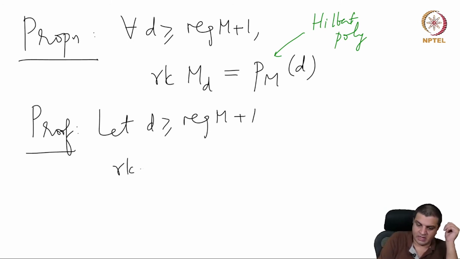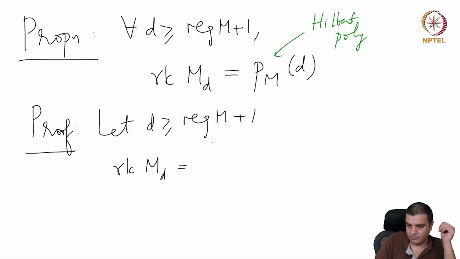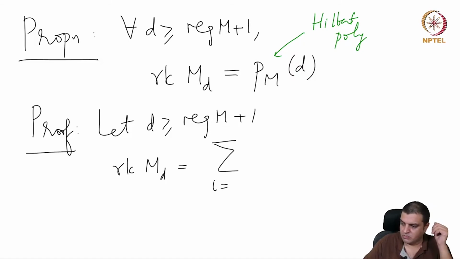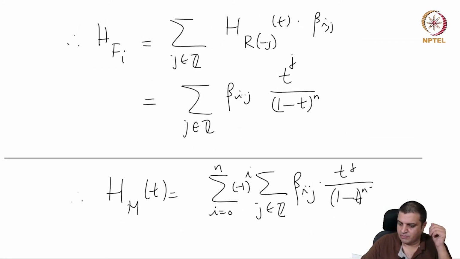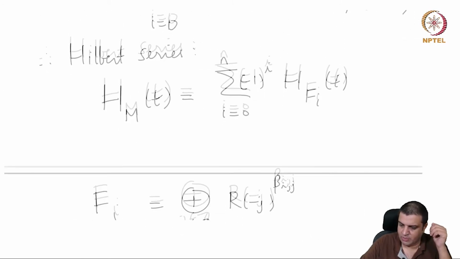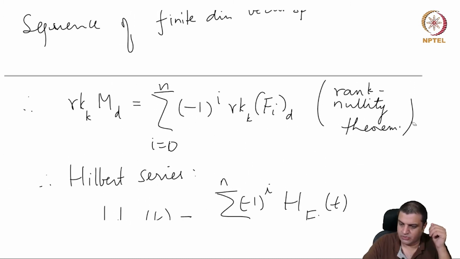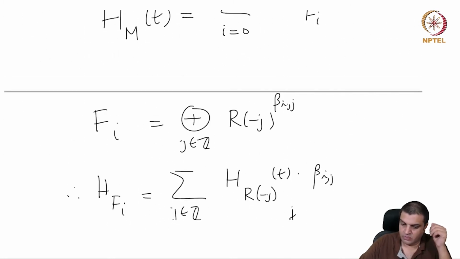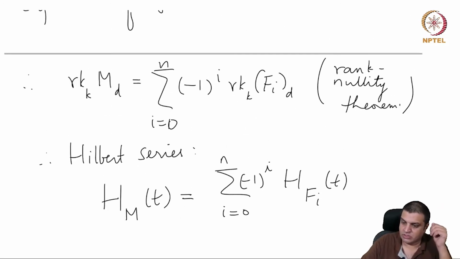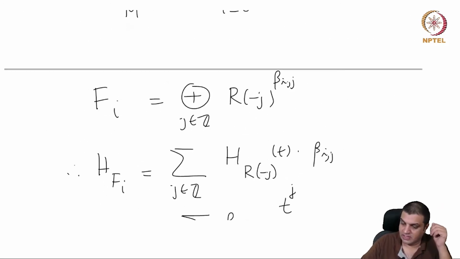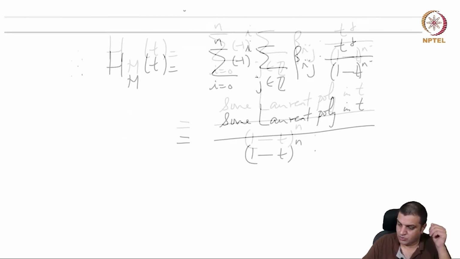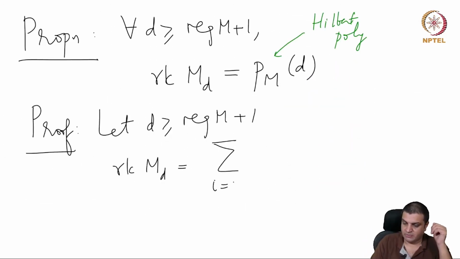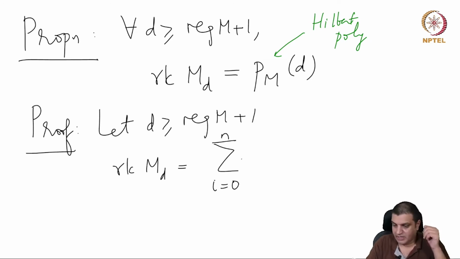Then the rank of M in degree d: here we wrote the Hilbert series, but we can go back to this expression and put this inside to rewrite it. So the rank of this is the sum over i from 0 to n of (-1)^i.